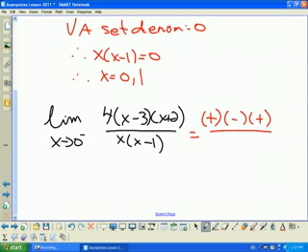And for the denominator, when x is approaching 0 from the negative side, the value of x is going to be negative and very small. And this number will be negative. So when we combine all those things, Amanda, what's the answer going to be?